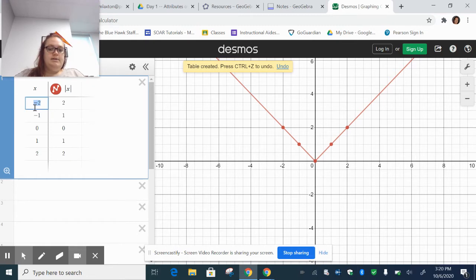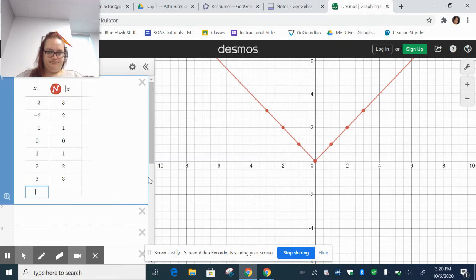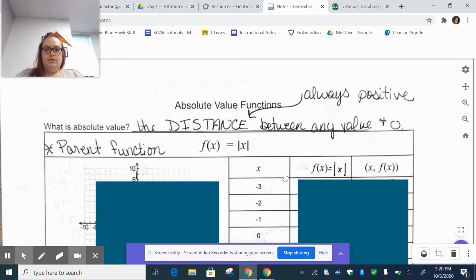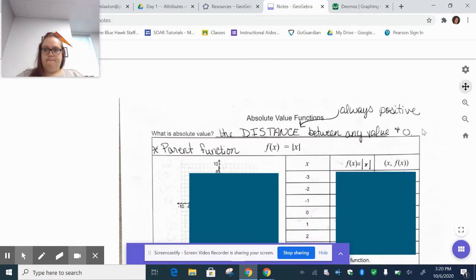And notice on your notes that we have -3, -2, -1, 0, 1, 2, and 3. Go ahead and take this data that's in this table and transfer that over into your notes.